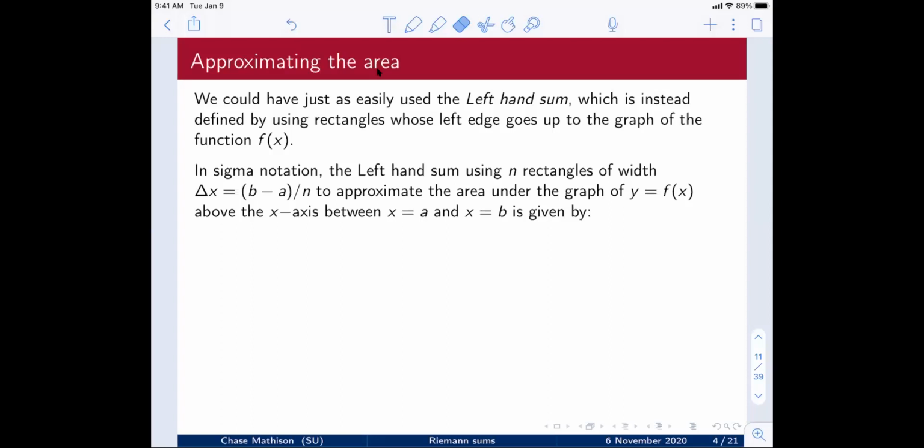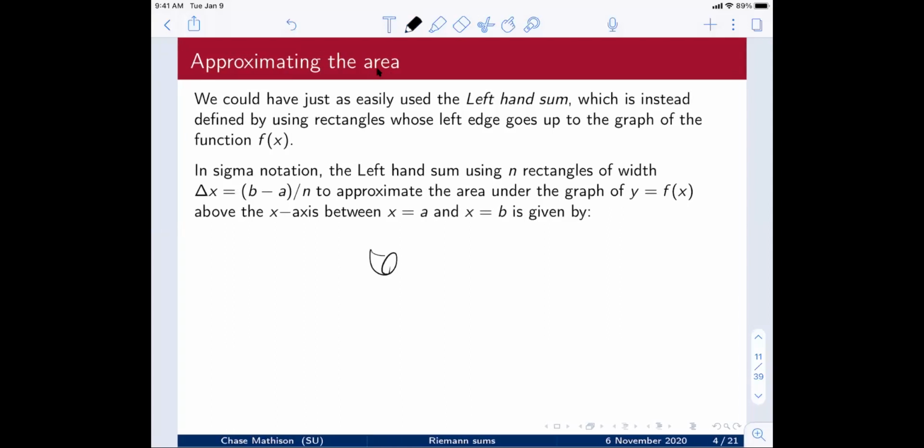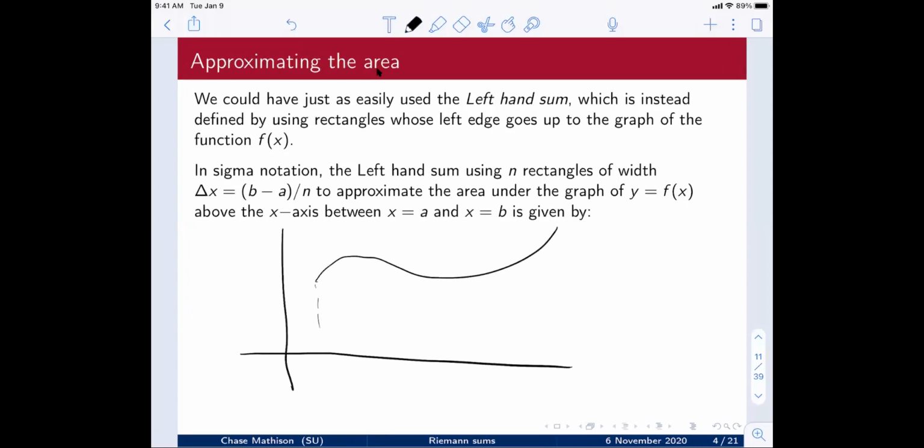Instead of f of xk, let's look at a drawing again really quick. A, B. A is, by the way, x0. Here's x1, x2, x3. So now I'm using left edges. And pretend these are all equal width.